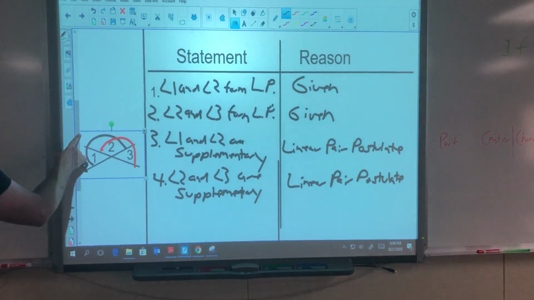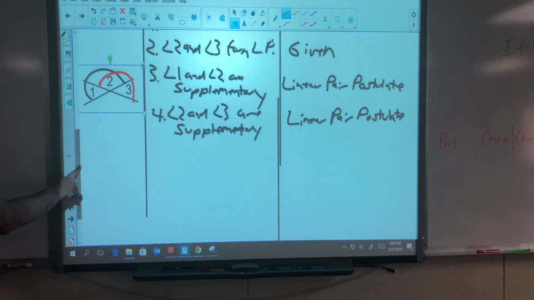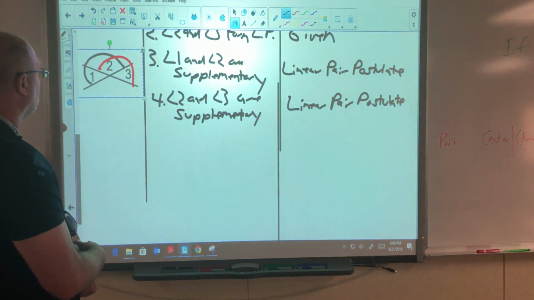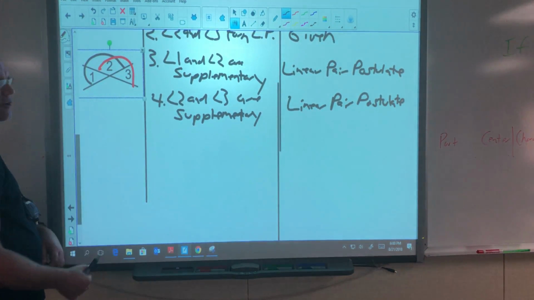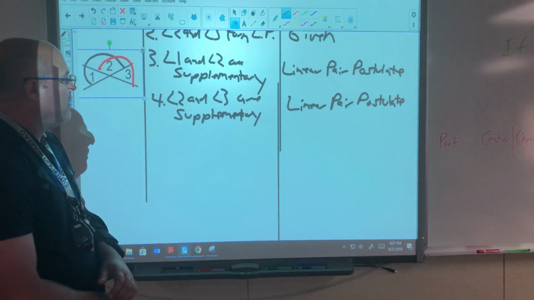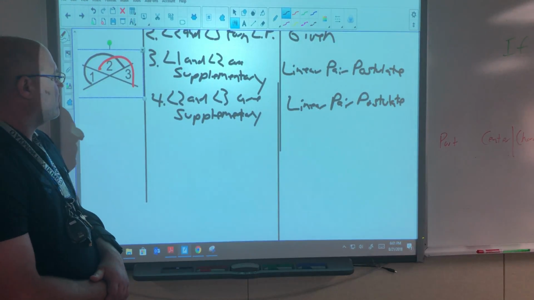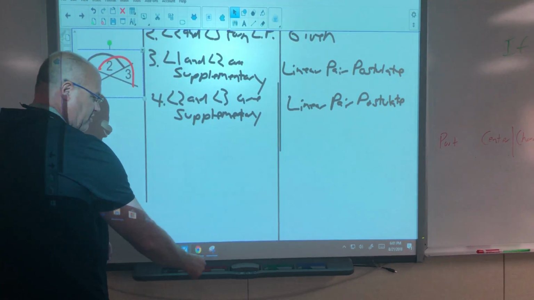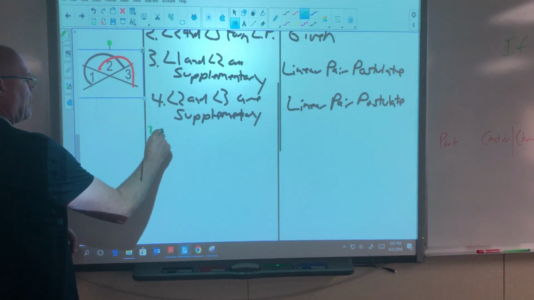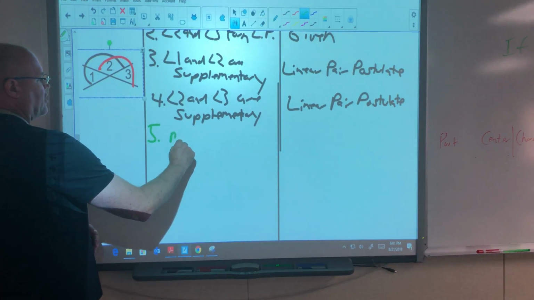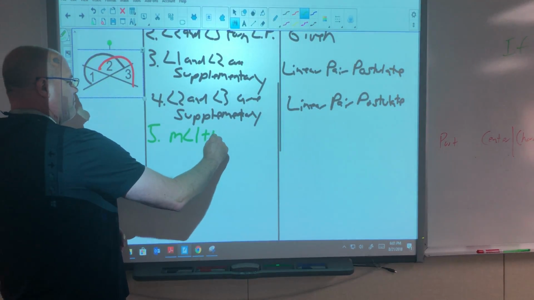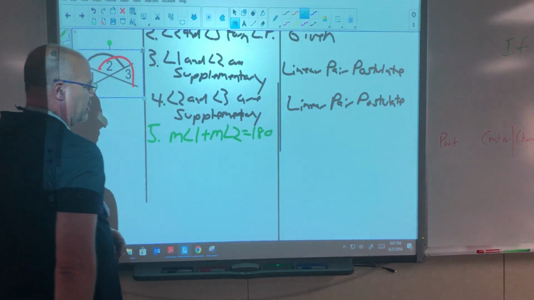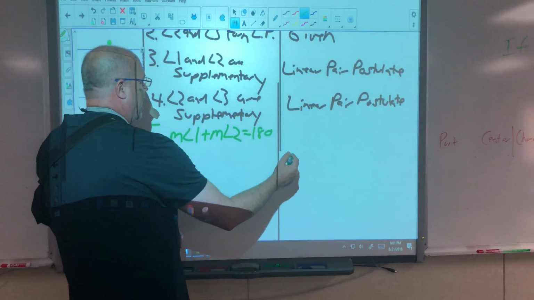All right. Well, how can we use supplementary now? We know supplementary angles are two angles that add up to 180 degrees. So can we talk about the measures of these angles now? Let's do that. Statement 5, we're going to say the measure of angle 1 plus the measure of angle 2 equals 180 degrees. Why?